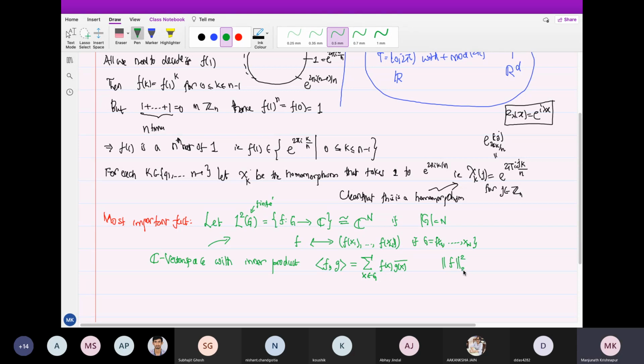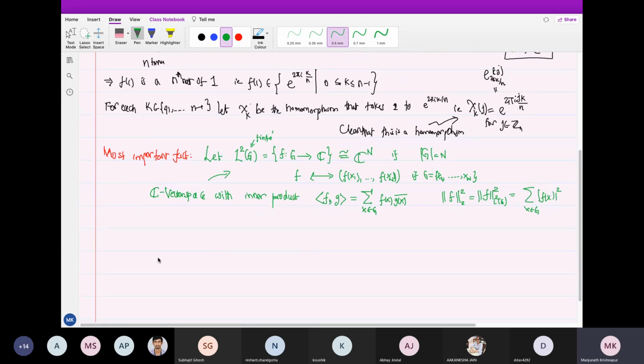Sometimes we may write 2, or if we want to be very clear, we will write it like this. It is just the sum of the absolute squares of the values of f. So this is the vector space we'll be working with all through. Functions on the group can be thought of as vectors.